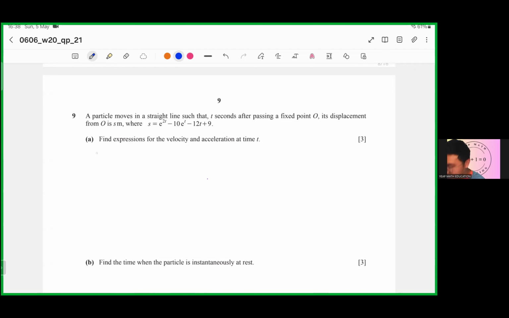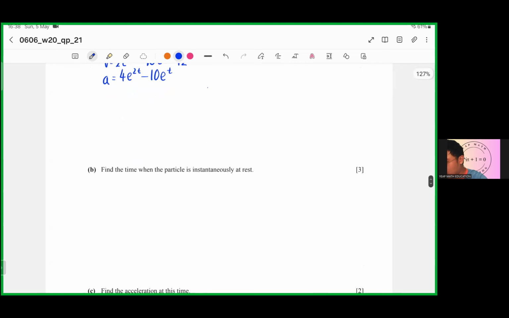So v equals 2e^(2t) minus 10e^t minus 12, and a equals 4e^(2t) minus 10e^t. That's it.